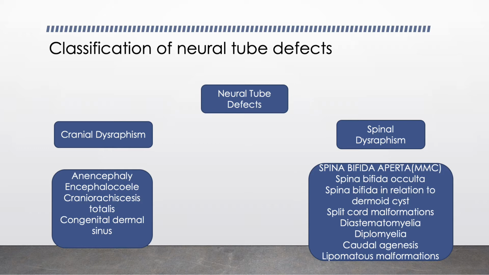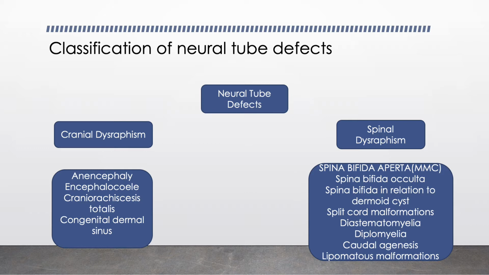And then encephalocele is protrusion of the brain through defects in the skull that form sacs that protrude with its membranes. And then craniorachischisis totalis is the most severe form of neural tube defects. It's failure of the neural tube to close both cranially and caudally. It's basically both anencephaly as well as spina bifida.